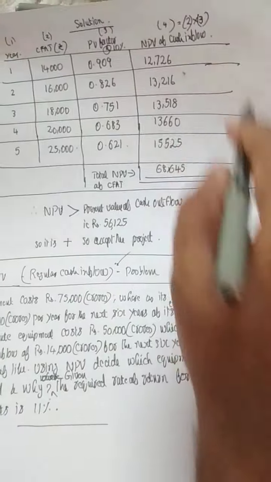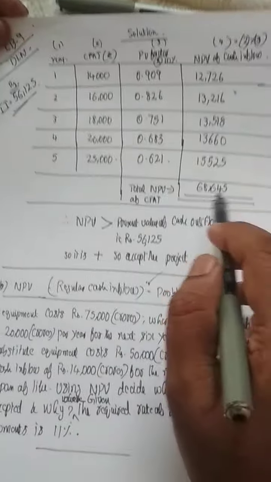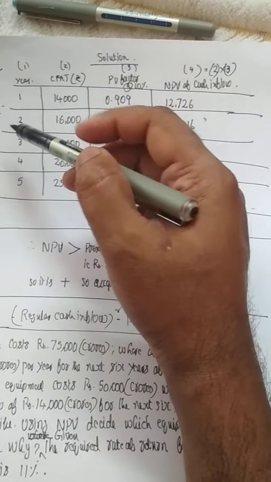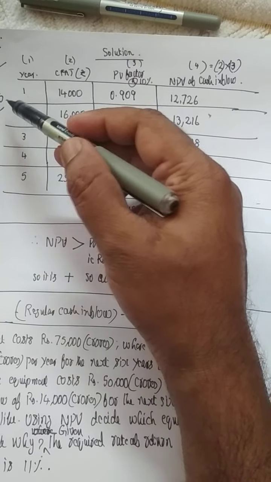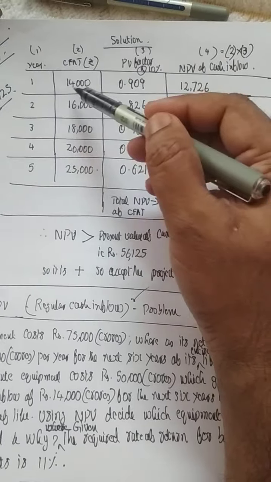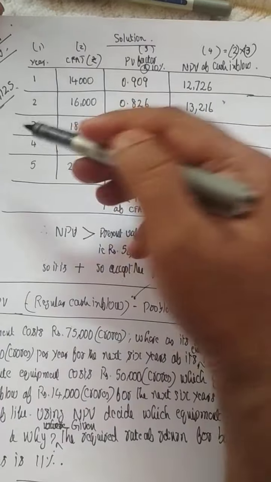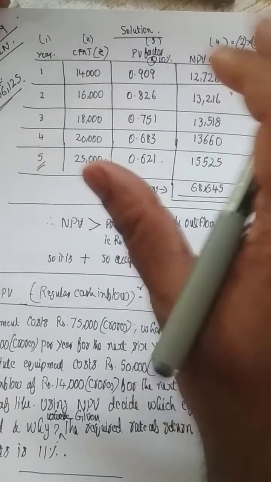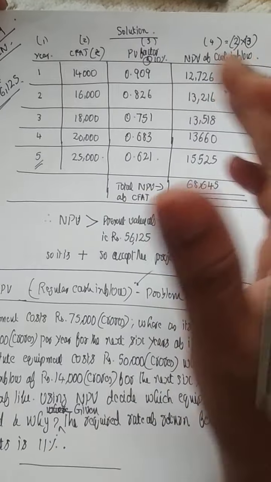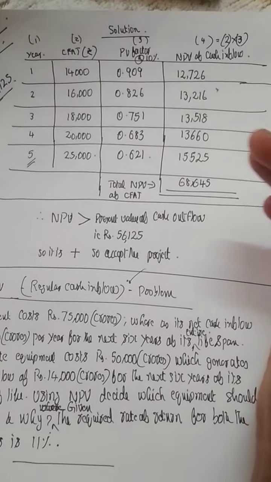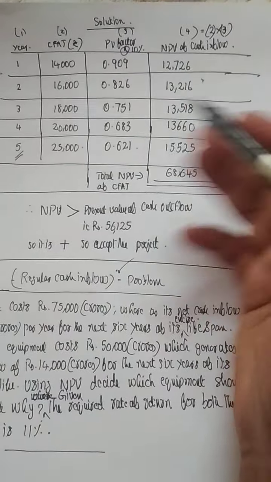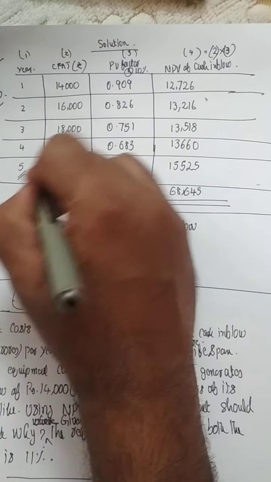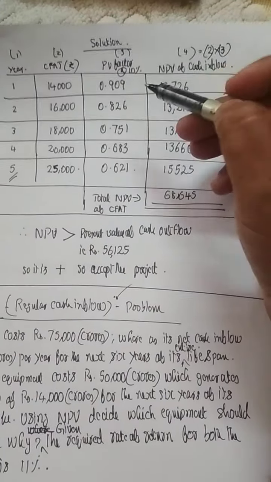If you look into the columnar tabulation, the first two columns of information are given in the question. 56,125 is the initial investment, and the return for the next 5 years is given. It is mentioned clearly in the question that this is the lifespan of the project. It indicates clearly that it is an NPV question. Or else they will mention in the question itself, find out the NPV. Then also you have to understand that the lifespan of the machine will be maximum 5 years.